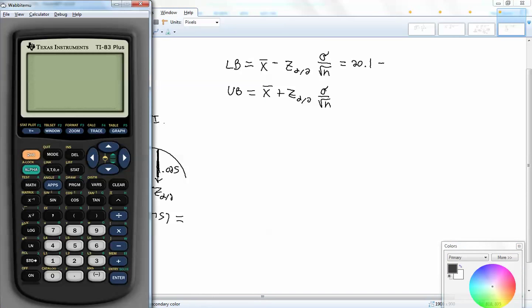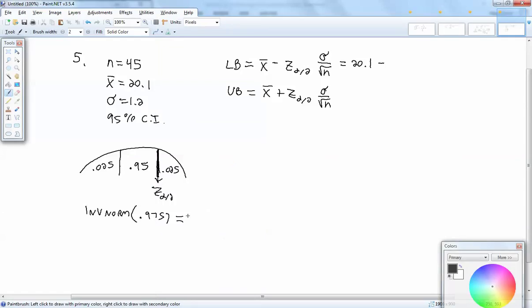Let's see what that gives us. 2nd Vars, choose INV norm, 0.975, and we get 1.96. I'll take it to 2 decimal places. So z alpha divided by 2 is 1.96, times sigma, which we said was 1.2, divided by square root of n, so square root of 45.